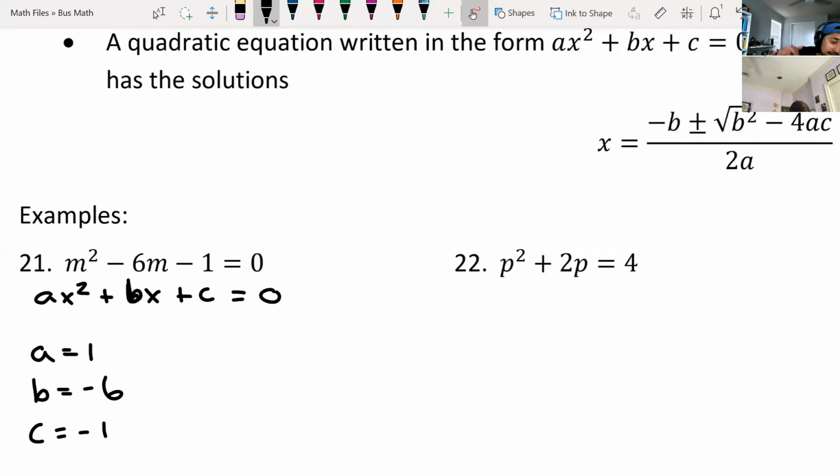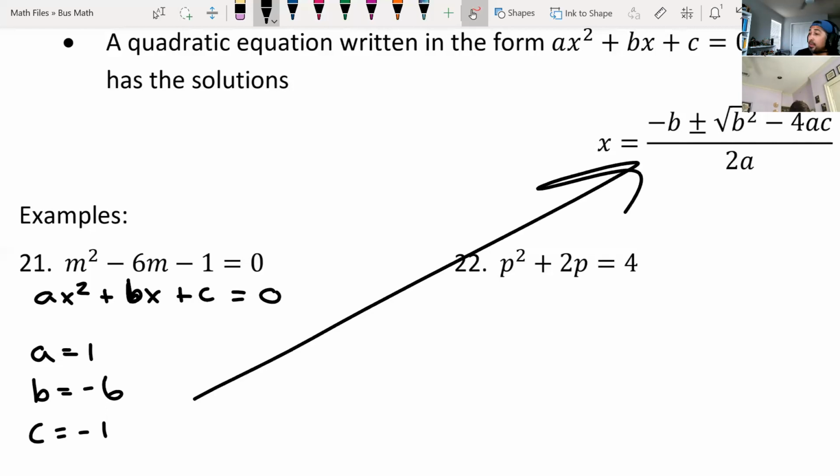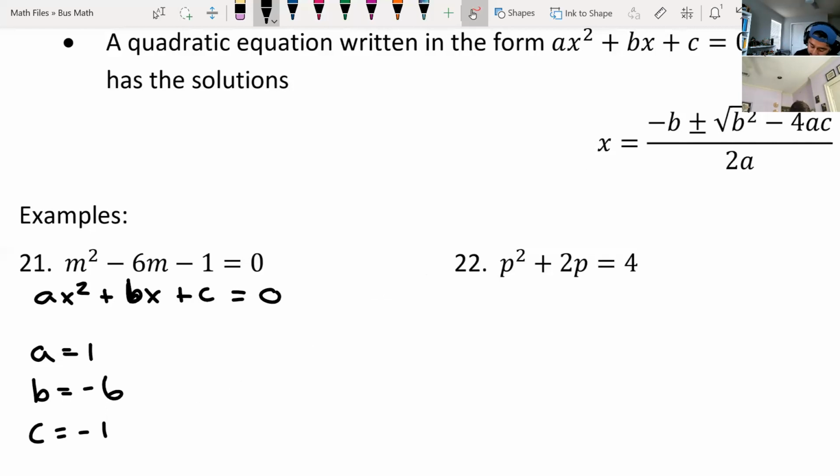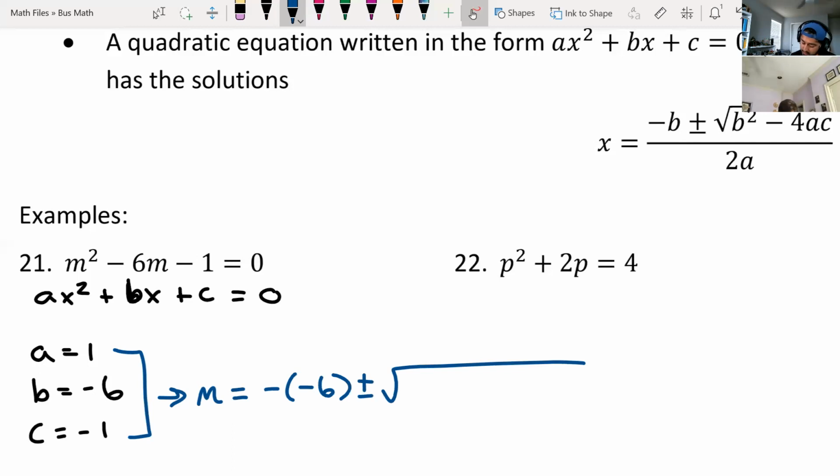Now again, if you know a, b, and c, you can plug them into this formula above. This equation's in terms of m, so I'm going to say m equals negative b, which is negative 1 times negative 6, plus or minus the square root of b squared, negative 6 squared, minus 4 times a times c.